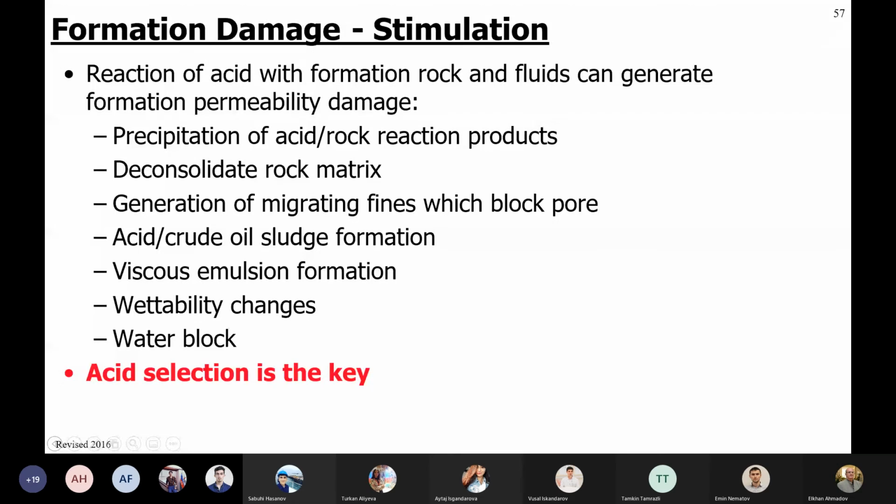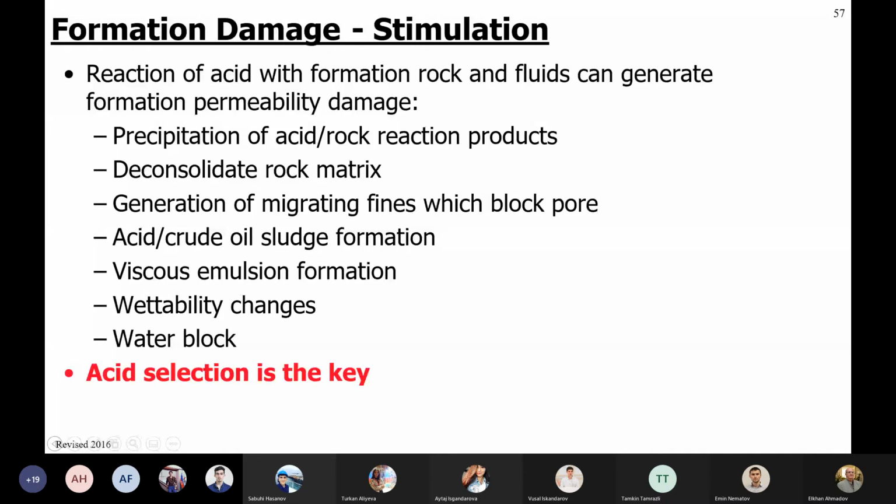The same with the viscous emulsion formation and wettability change and water blocks as we start producing water, the injecting water for the stimulation, especially in case of hydraulic fracturing or frac pack.